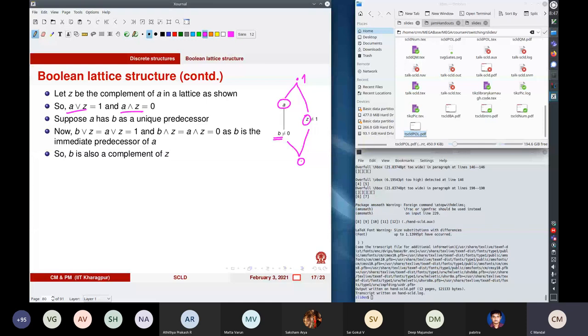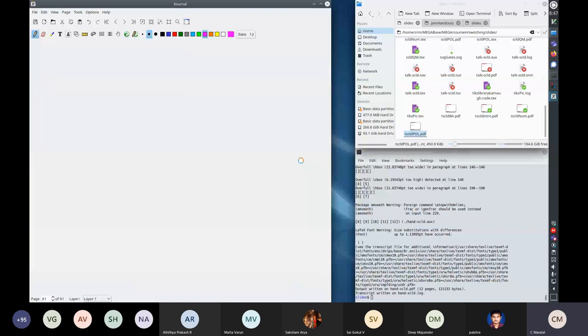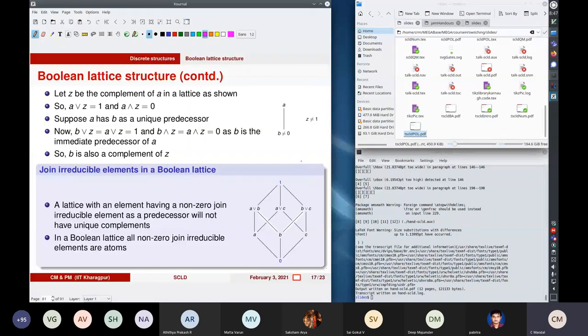So in a Boolean lattice, such a situation is not possible, because as you have seen, every element in a Boolean lattice has a unique complement. So in a Boolean lattice, the only non-trivial join irreducible elements are the atoms.